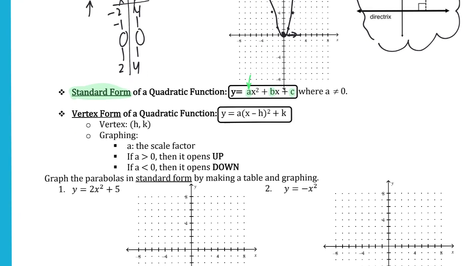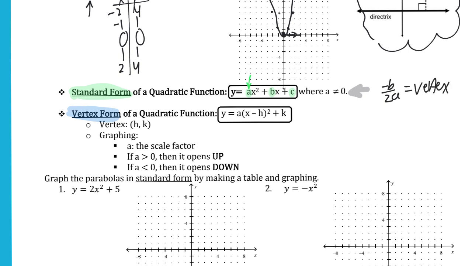We're also going to focus on vertex form in a skosh. Vertex form is absolutely something you will do today. You'll also see it in Honors Algebra 2, where you can see the vertex from this format. On the first one, to find the vertex, you might remember that last year you did the opposite of b over 2a to get the vertex.